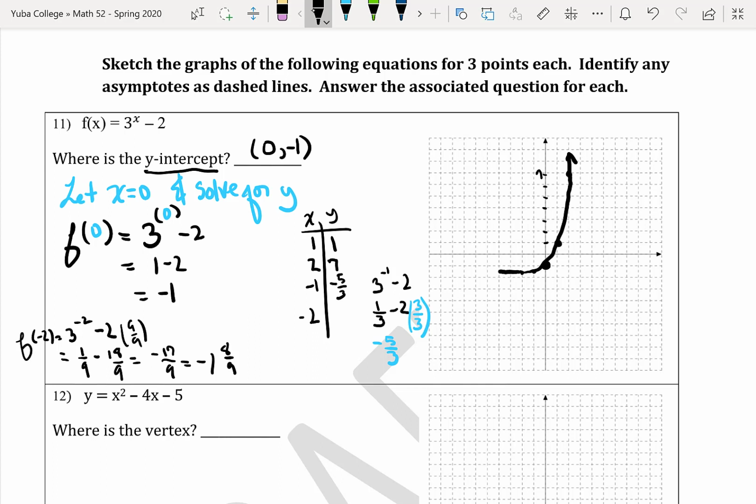So we actually have a horizontal asymptote here. It's a horizontal one, so its equation is y equals -2. There's no vertical asymptote there, even though it looks like it's becoming a vertical asymptote because it's so steep.